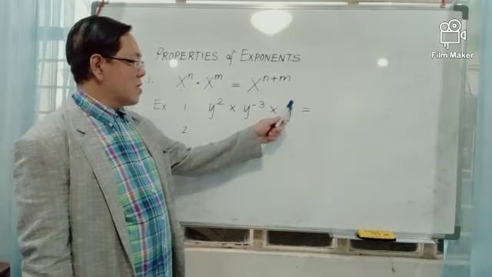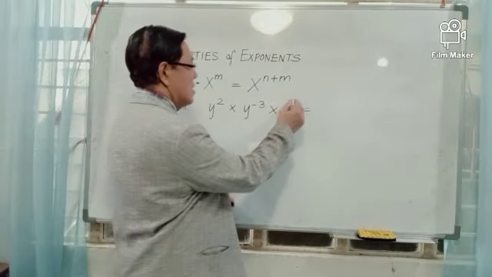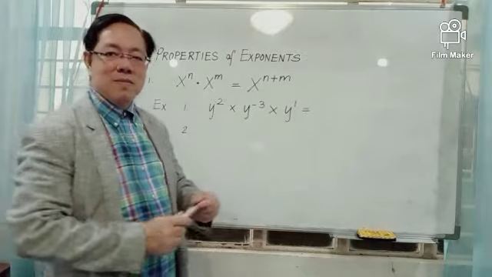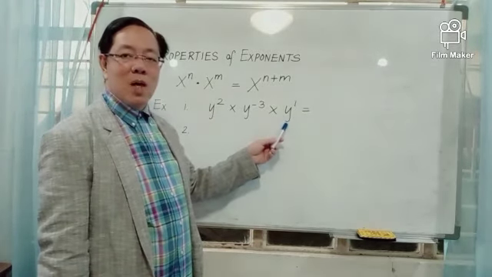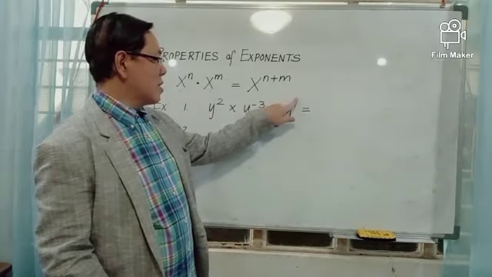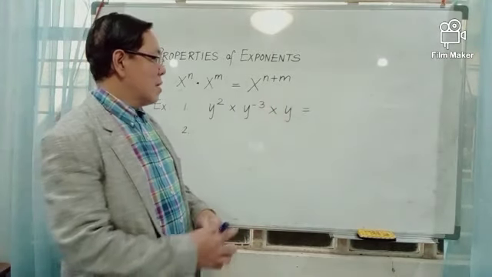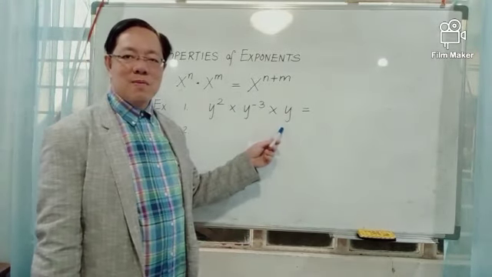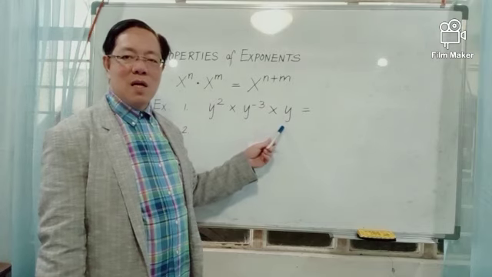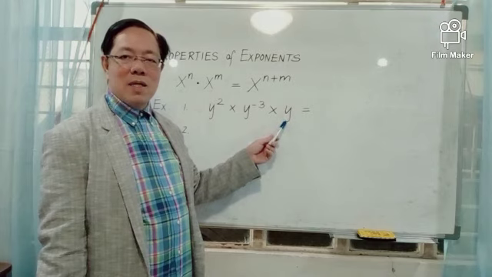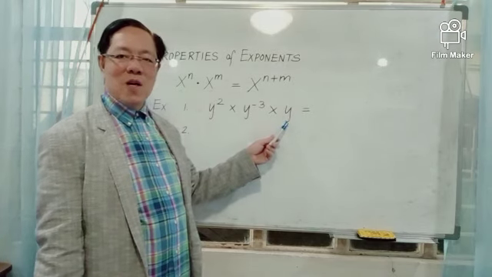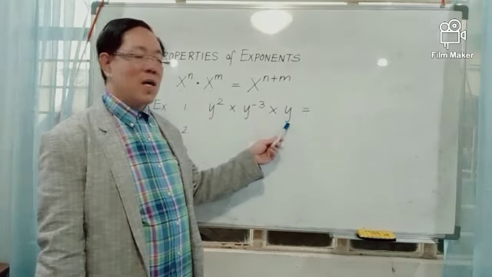When the exponent of the base is 1, such as y raised to 1, we omit 1 and we simply write y. Thus, when you see a single variable such as y, it means that the exponent of that variable is 1.